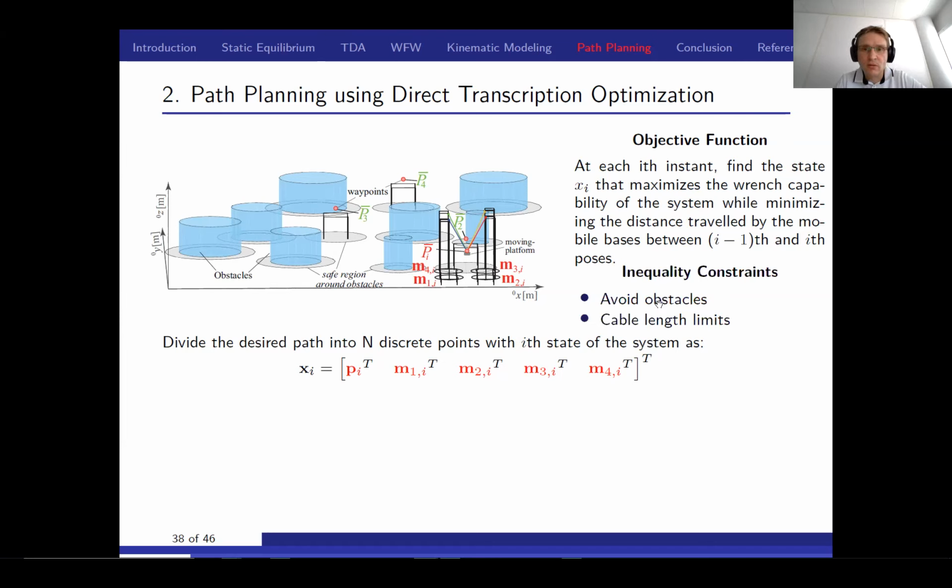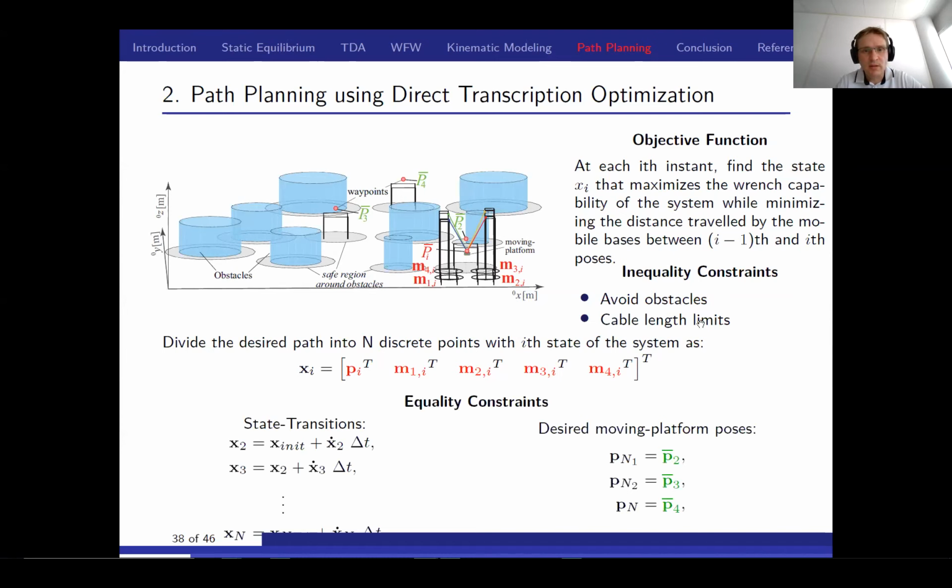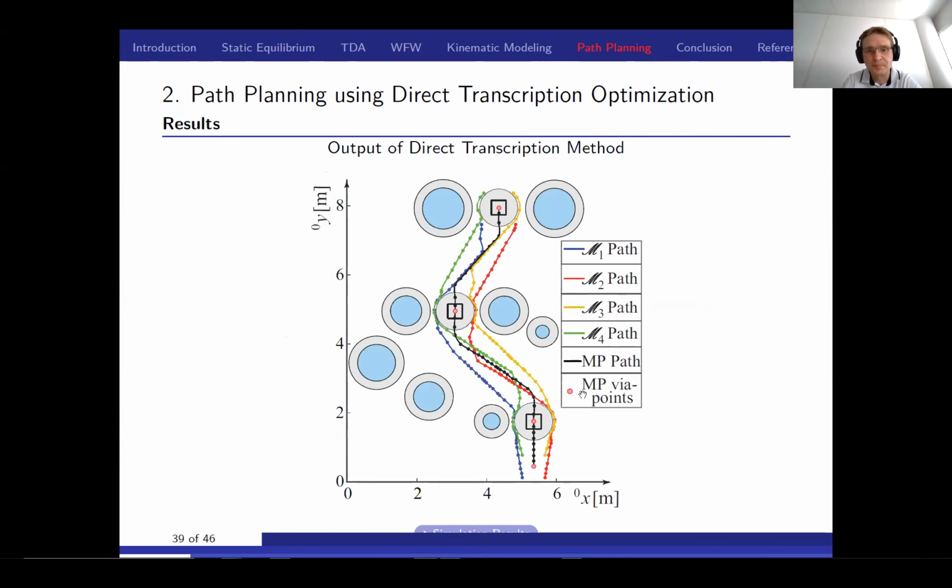We consider obstacle avoidance and also the cable length limits. What is important to notice is that by solving this optimization problem, we should make sure that those equality constraints are satisfied, those equality constraints considering the first derivative of this state vector.